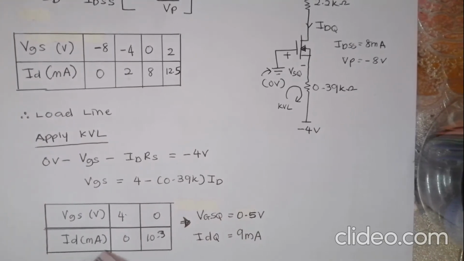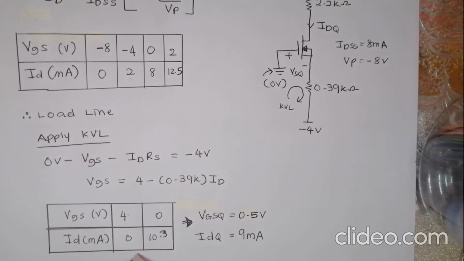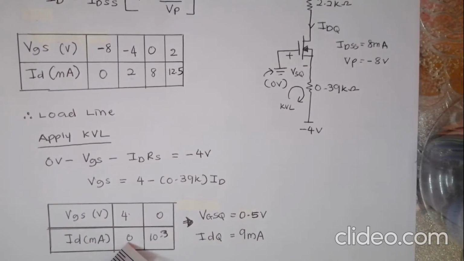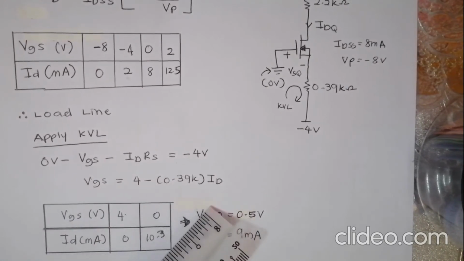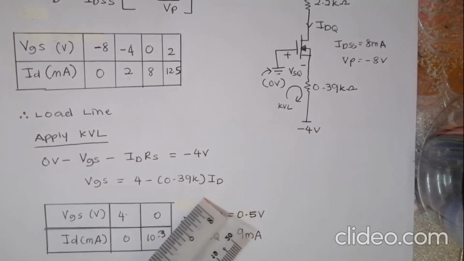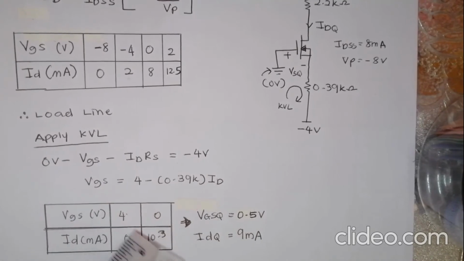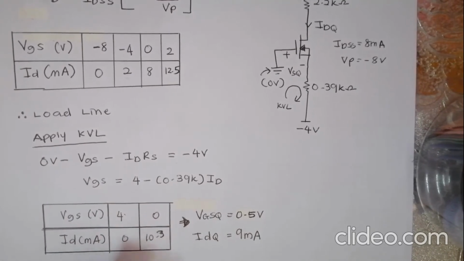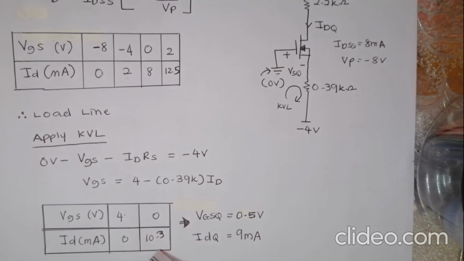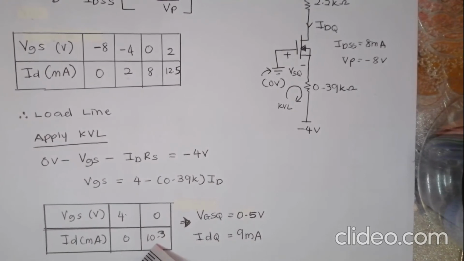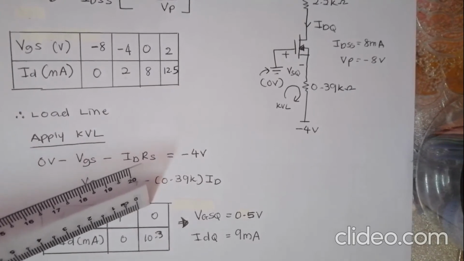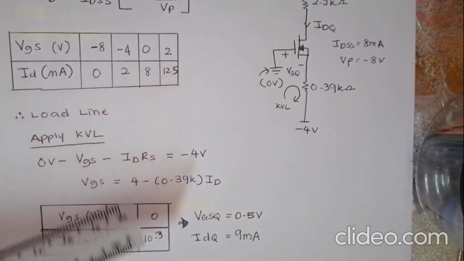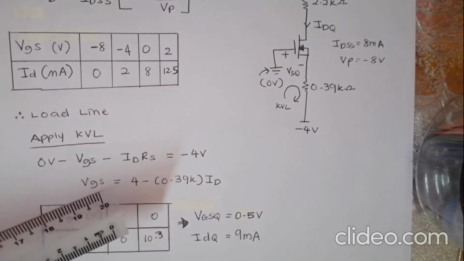For the first point, I take ID equal to 0 milliampere. In this equation, when ID is equal to 0, VGS is equal to 4. For the second point, I make VGS equal to 0, and we will get ID equal to 10.3.